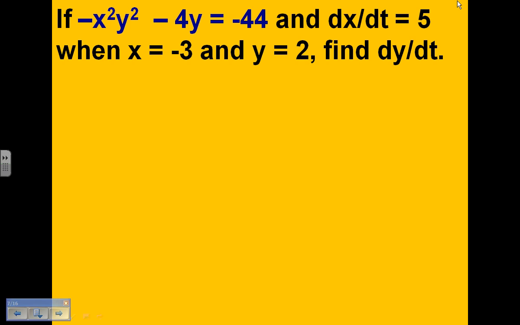That would change the rates. Right. When you do that, instead of 2x, you're going to have 2x x prime in your answer.